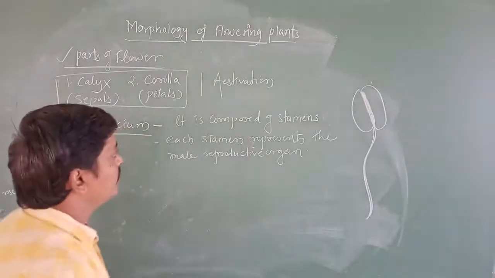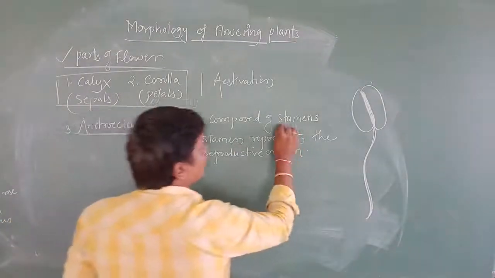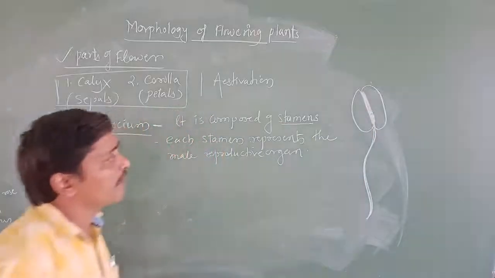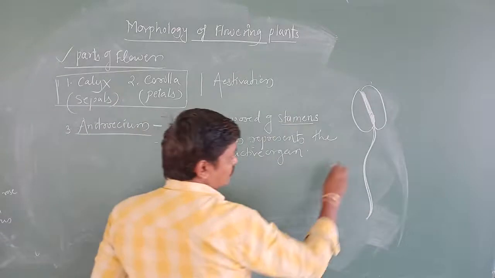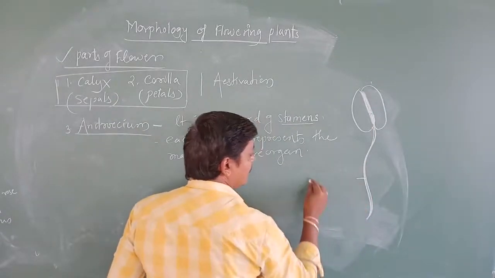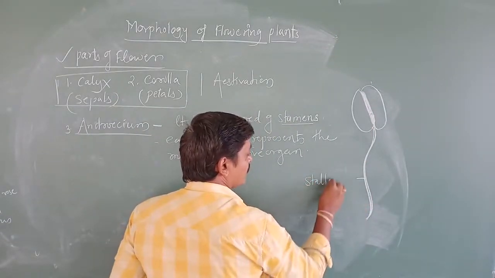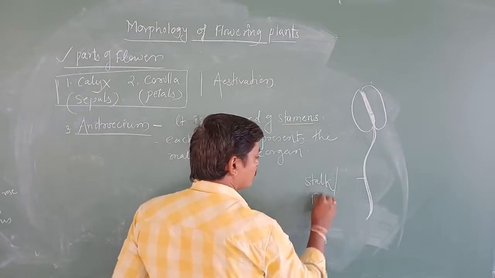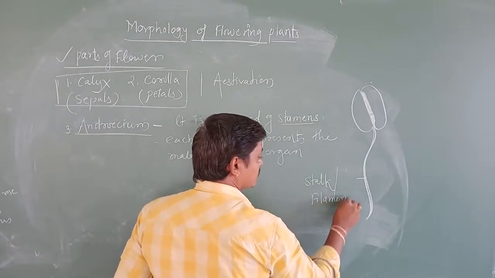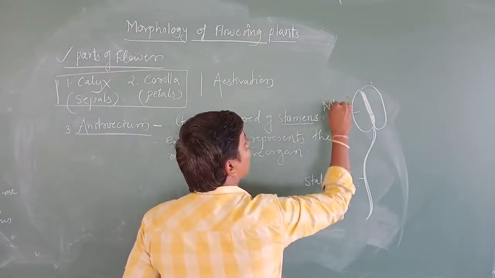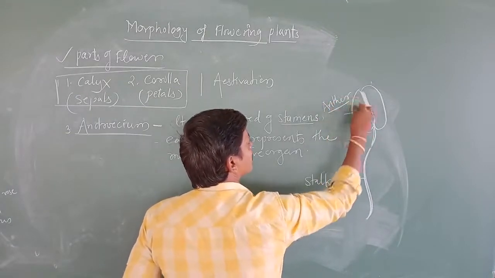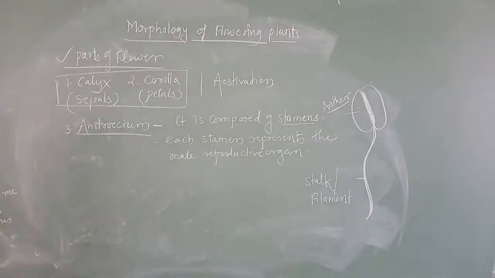Here I have drawn the diagram of a stamen. Basically, this stamen consists of what? This is the stalk or filament, and this is the anther.